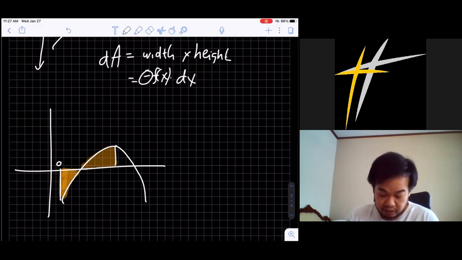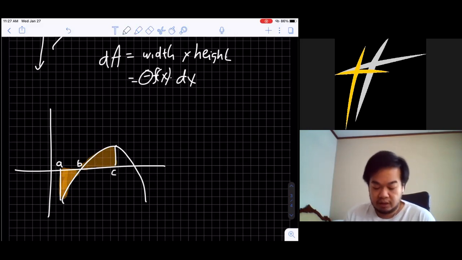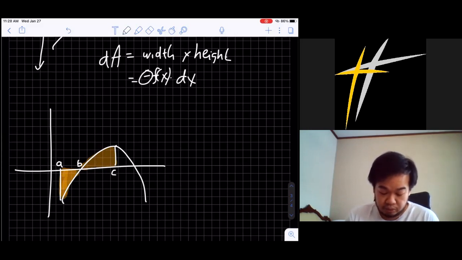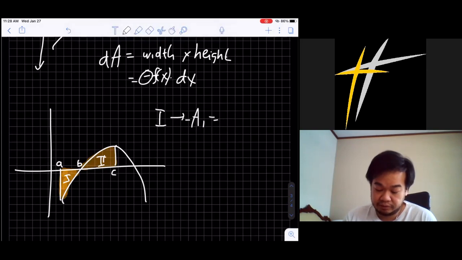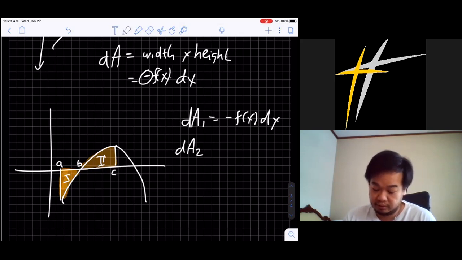If this is A, this is B, and this is C, then you need to separate it into two areas. The first dA will be negative f(x) dx, and the second dA will be f(x) dx.